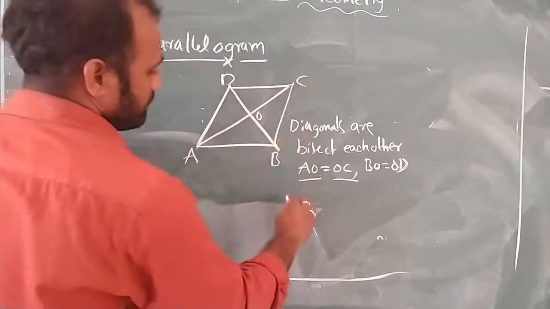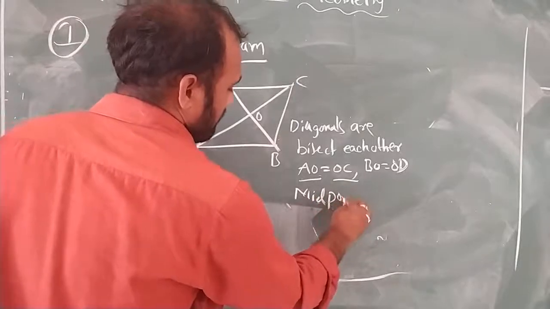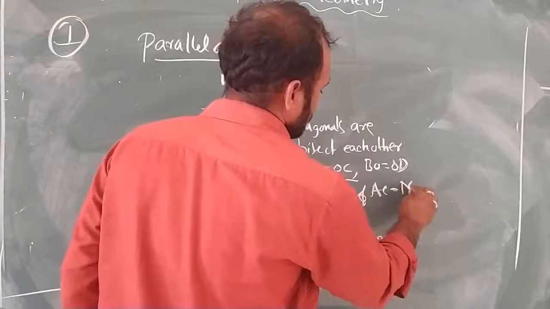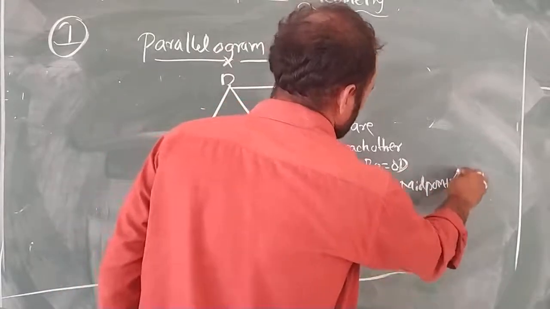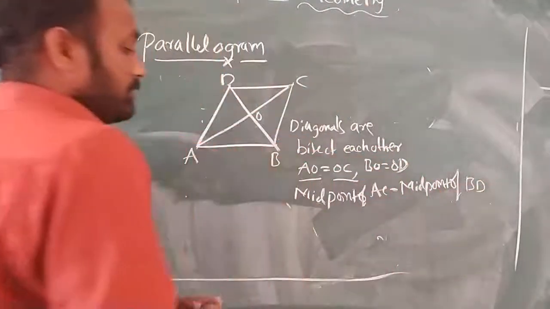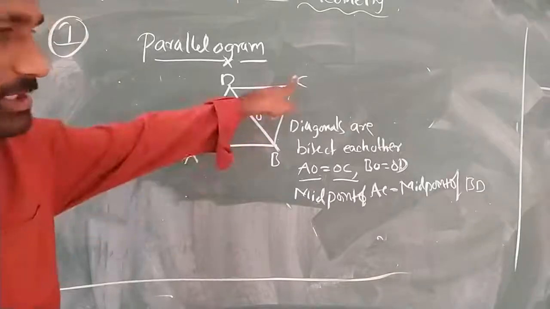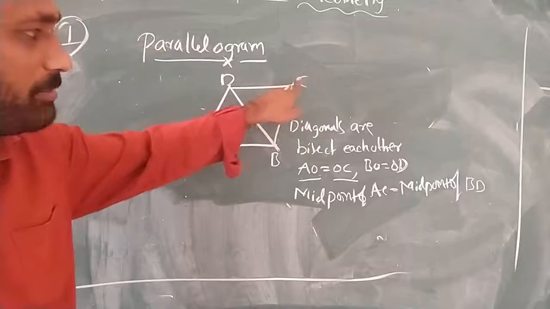Then I can say the midpoint of AC is equal to the midpoint of BD. Why the midpoint of AC? Because O is the midpoint of AC. Why? The distance from A to O and from O to C is the same.